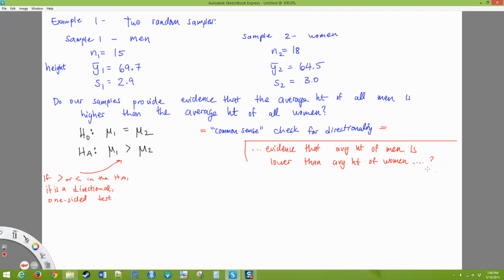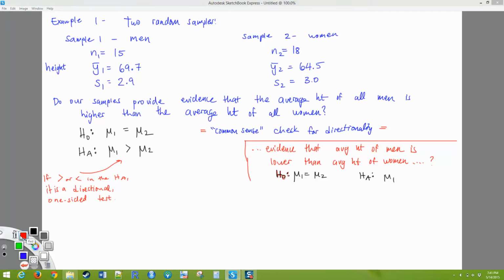In that case, everything would be the same. The null hypothesis is still mu1 equal to mu2, but the alternative, let me rewrite this, would be that mu1 is less than mu2.